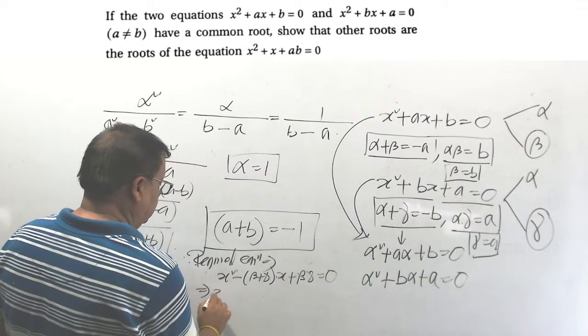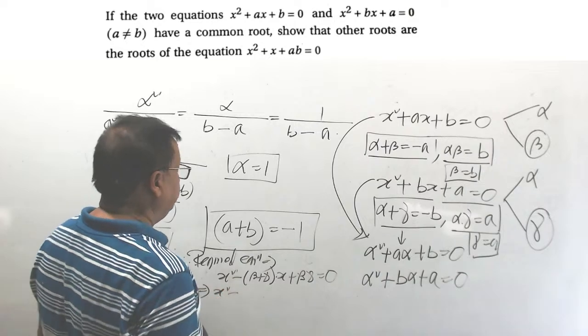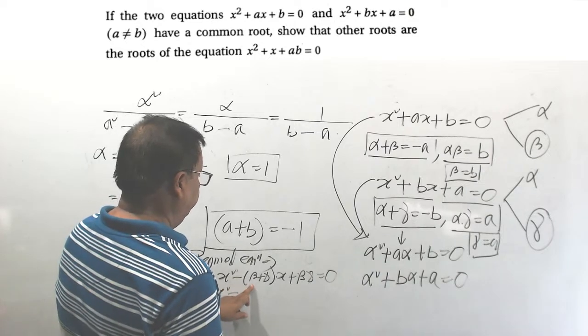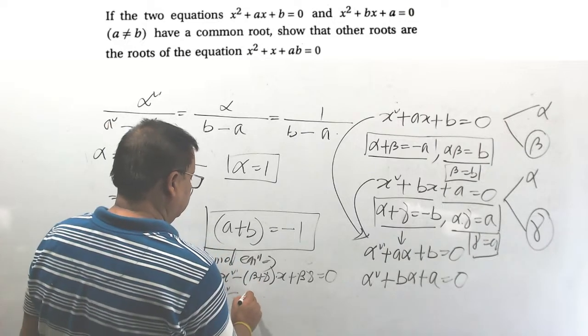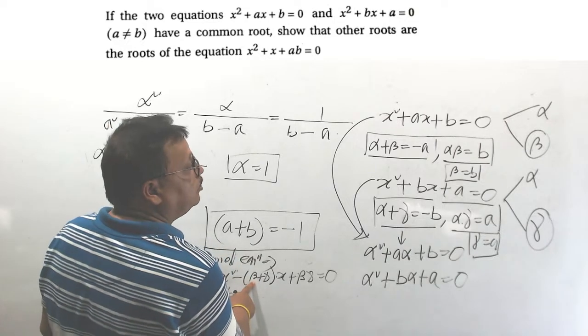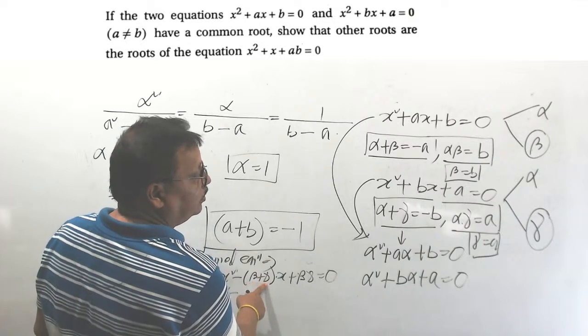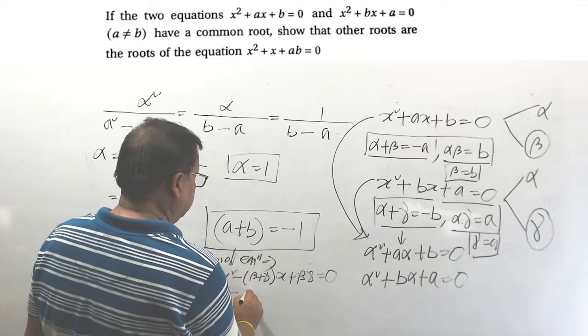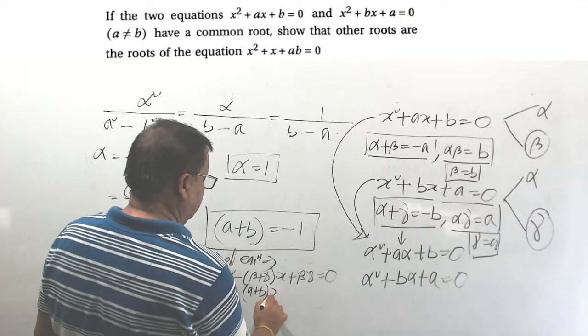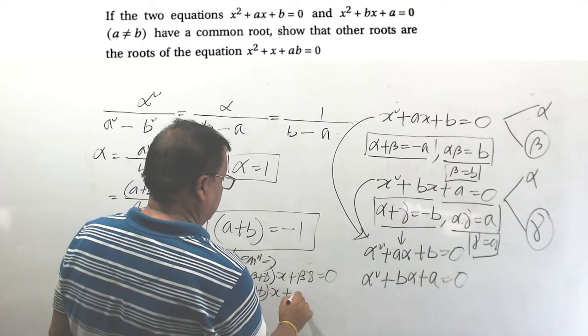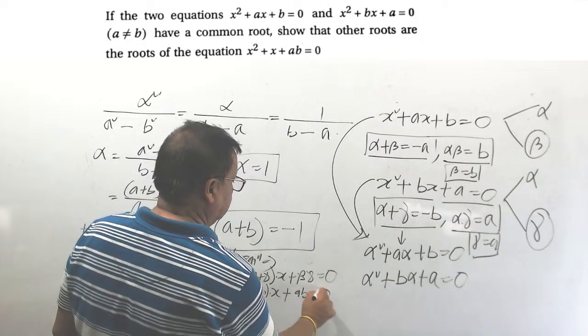This implies x square minus (a plus b) into x plus ab is equal to 0, where beta is b and gamma is a.